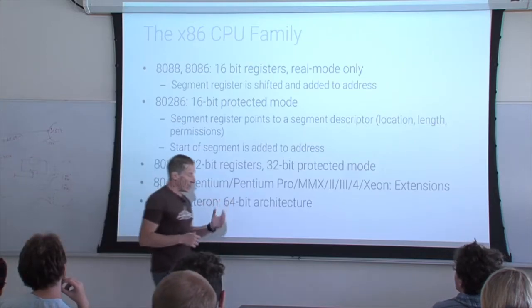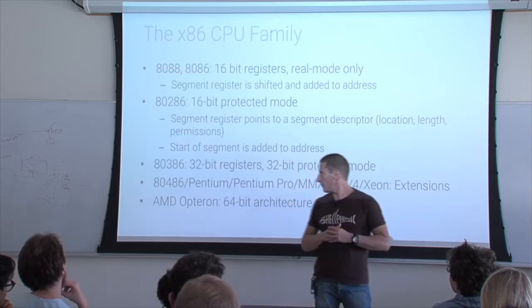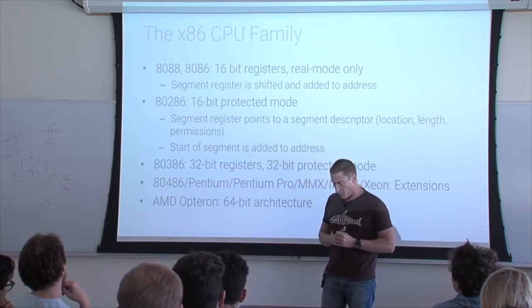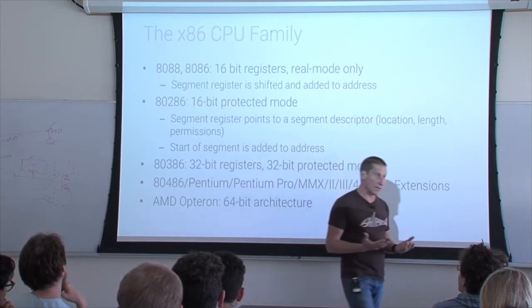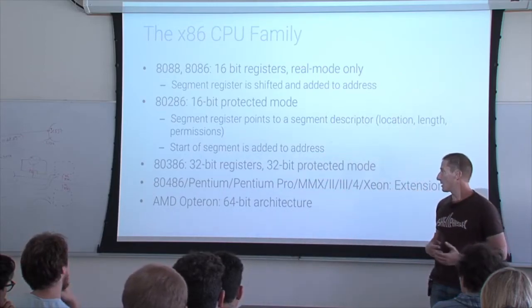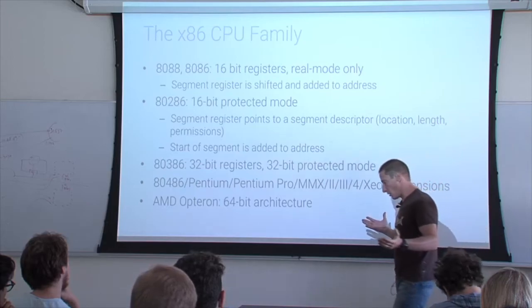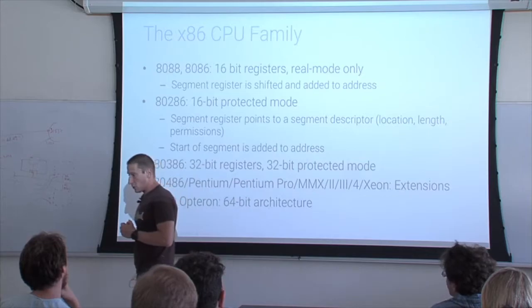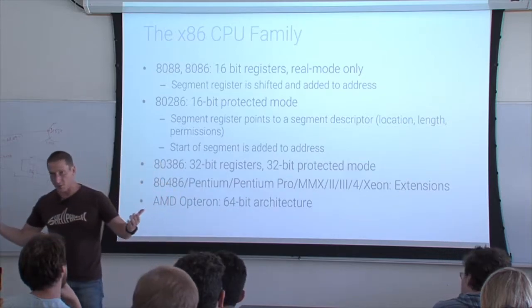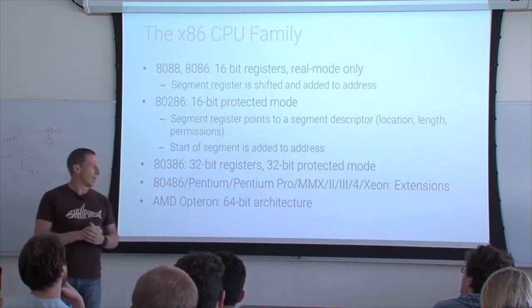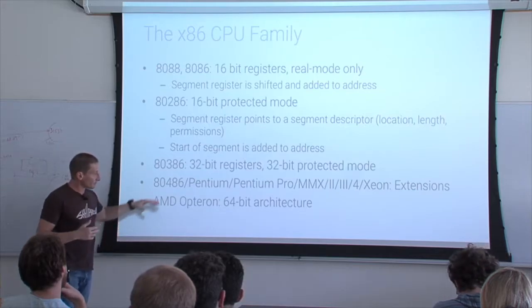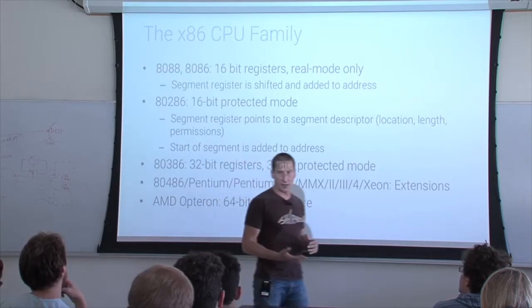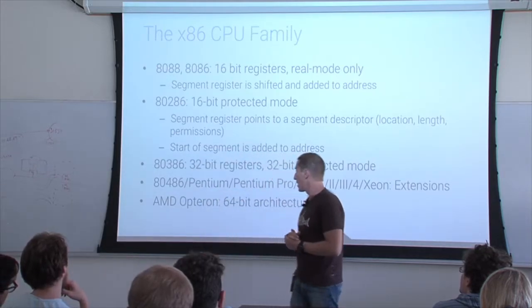And then in, what was that, 2005, AMD produced the first 64-bit CPU. And as we will see, this changed dramatically the way in which we look at memory, because of course 2 to the 64 is a lot of memory, and this is now the prevalent architecture for desktops and machines of all sorts.